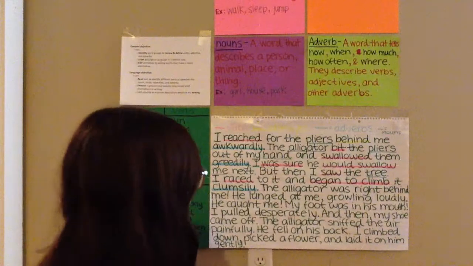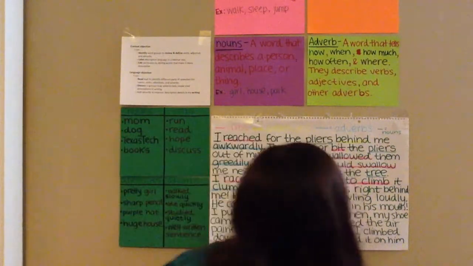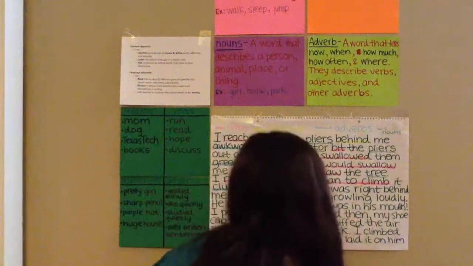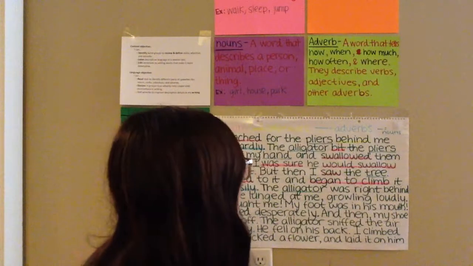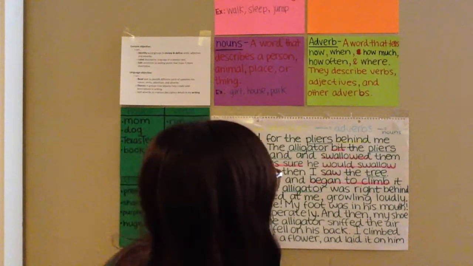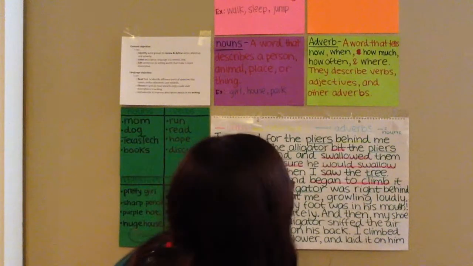Let's go through the next sentence. The alligator was right behind me. This is another one of the simple ones. So alligator is a noun, you're correct. What else do you see? Tell me what you see in the sentence. Look at the key vocabulary and see if you can find any of those in the sentence.